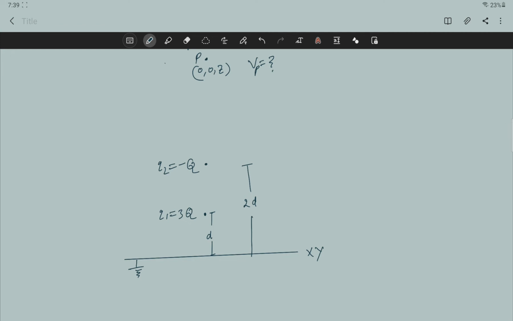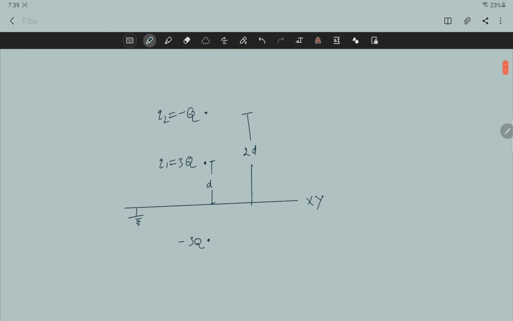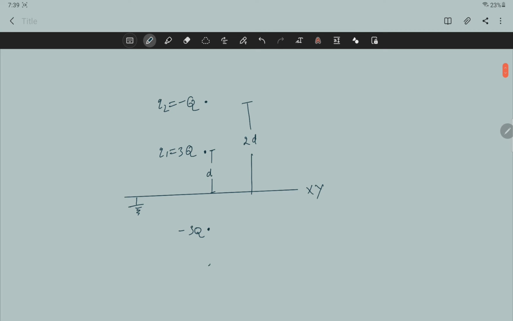So this problem can be solved with the image method. There will be image charges below this plane. There will be a minus 3q charge here, and there will be a plus q charge here.